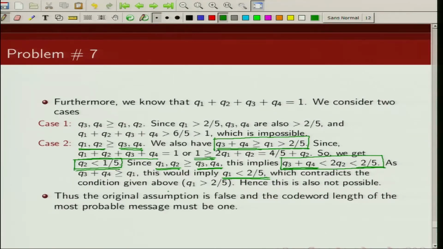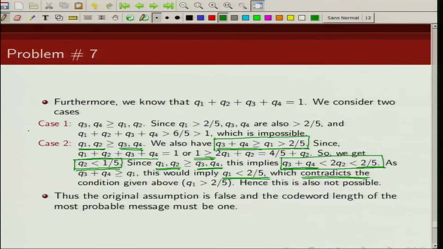So hence this contradicts our assumption that the message symbol with probability 2 by 5 is assigned a code word of length greater than 1.